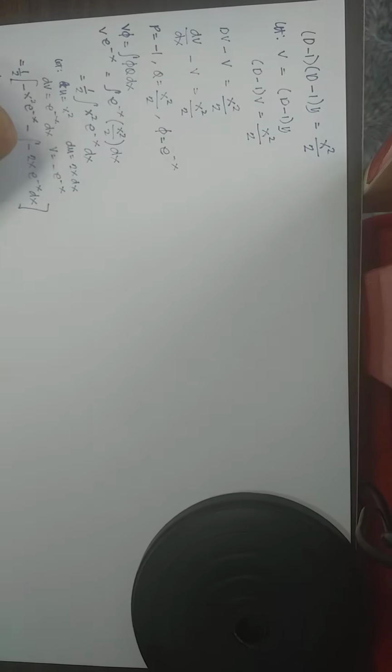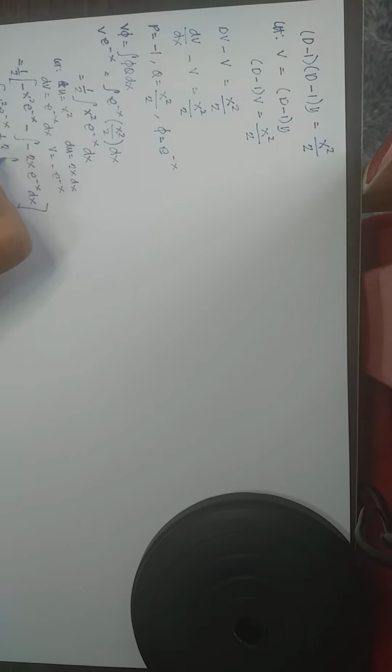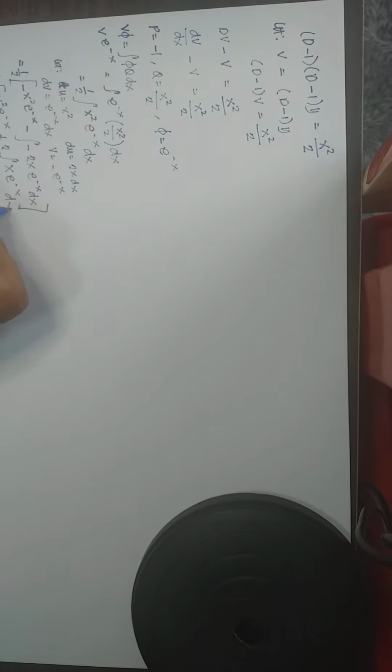Or we have 1/2 negative x squared e to the negative x plus 2 the integral of x e to the negative x dx. Again, integration by parts or partial integration.